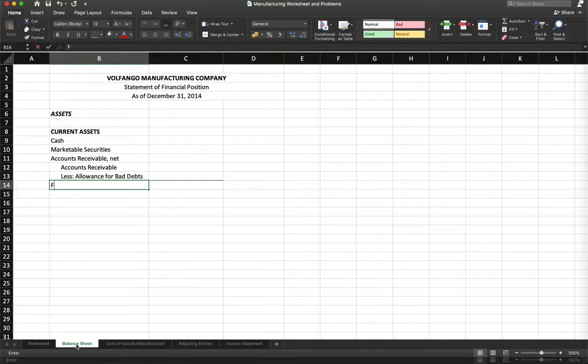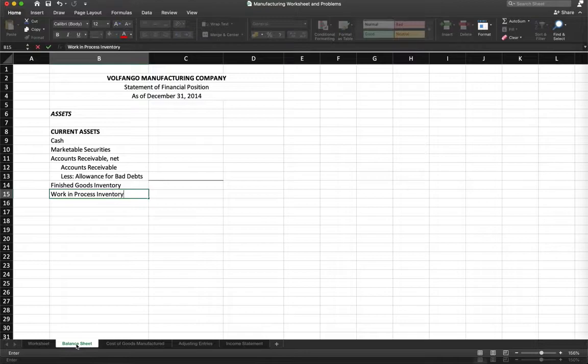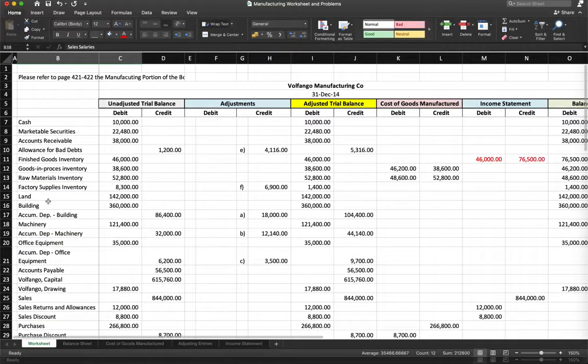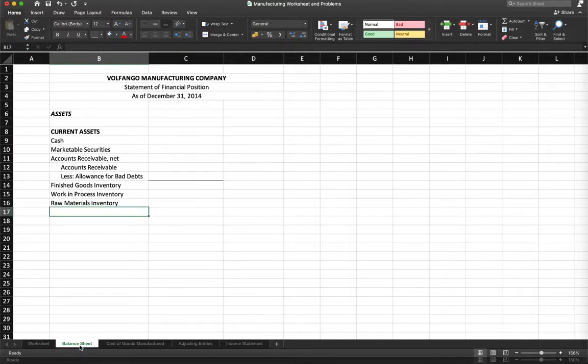Finished goods inventory, work in process inventory, and raw materials inventory. Okay. Ano pa? Meron pa ba tayo? Wala na. Yung iba ay non-current assets na.